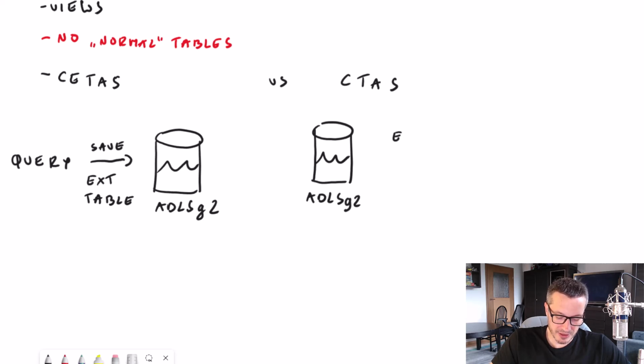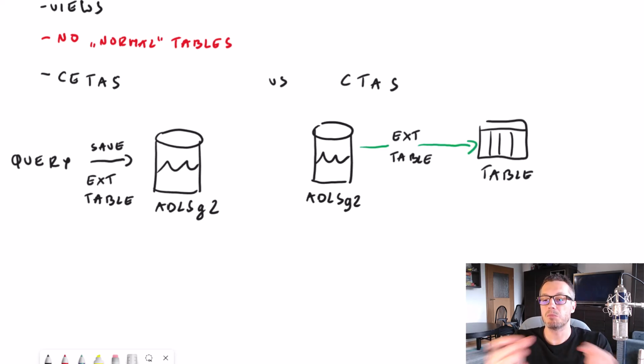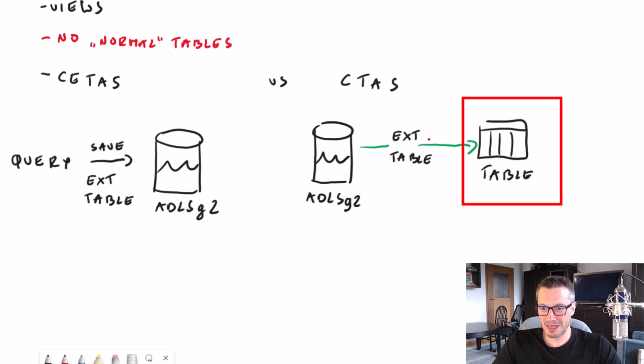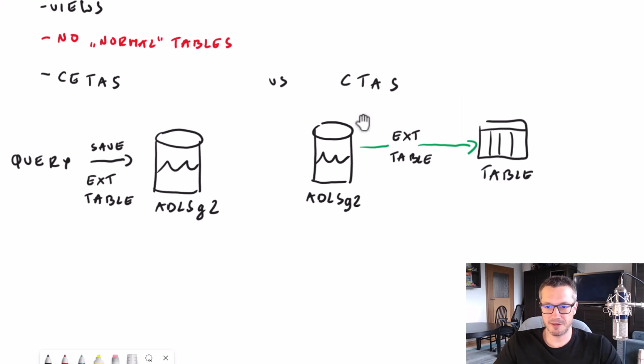We had an external table defined, and what we wanted to do was to create a regular table and populate it with data read from our data lake. So create table as select, and this select was select from our external table, which means select from a data lake. So different directions in those two cases.